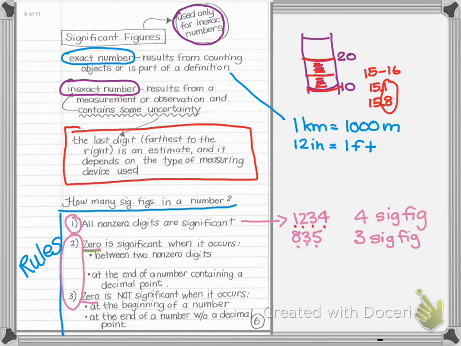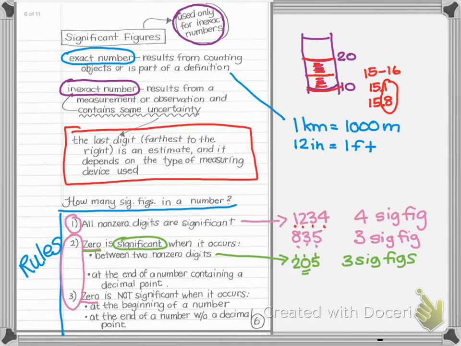So it says 0 is significant when it counts. Here's the first rule, between 2 non-zero digits. So for example, if I had 205, they're talking about this number right here. So I'd have 1, 2, 3 significant figures.